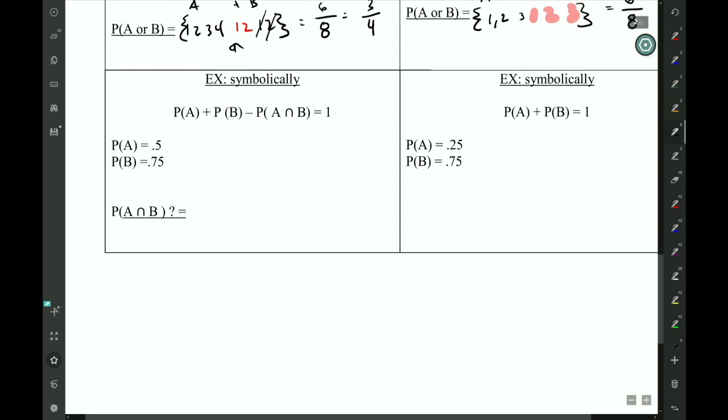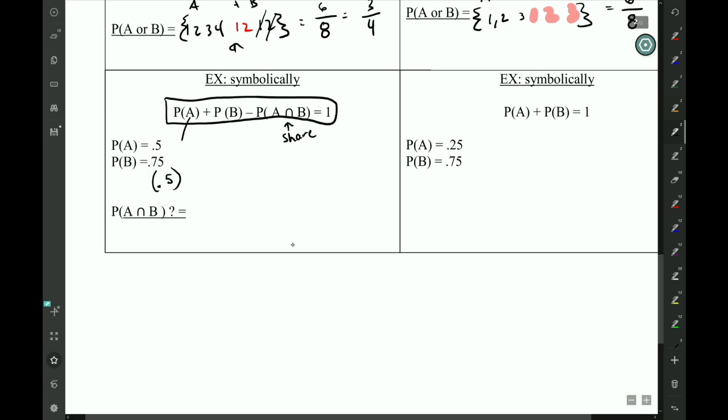Numerically and symbolically looking, this is what's going on. It says probability of event A plus probability of event B minus what they share has to equal 1. So if we think of this here, A and B, the probability of the intersection, well, probability of A is 0.5.